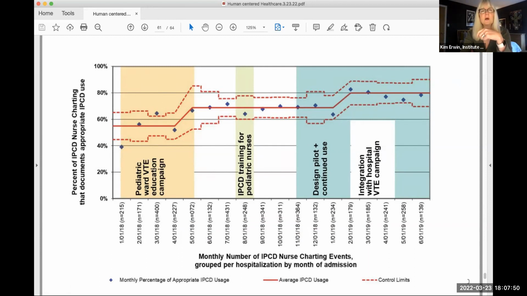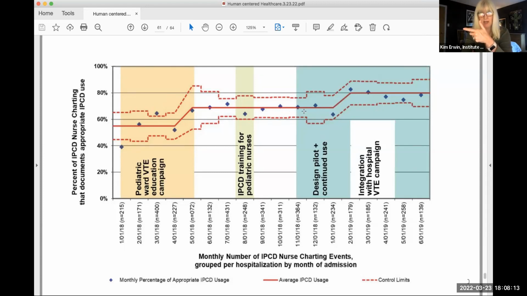So you can see early, before we ever got there, this yellow band. They had created an education campaign, and that did succeed over a course of a number of weeks or months in bumping up success. It then held steady. They did training for how to help pediatric nurses sell these squeezy boots.